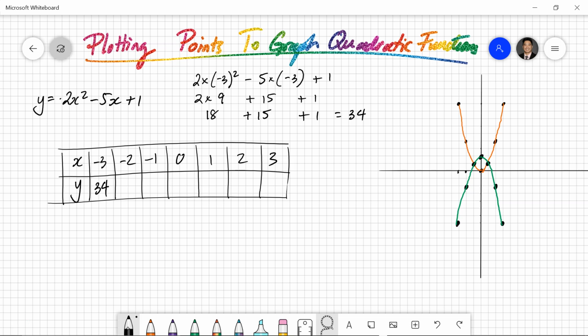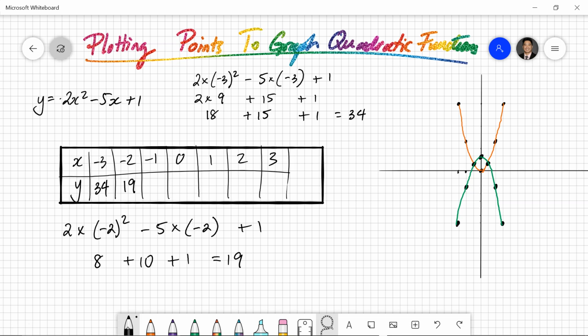Okay. Second value is 2 times minus 2 all squared minus 5 times minus 2 plus 1. So we got 4 times 2 is 8 plus 10 plus 1. So we've got 19.